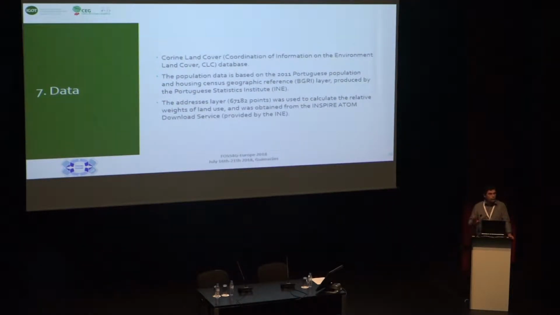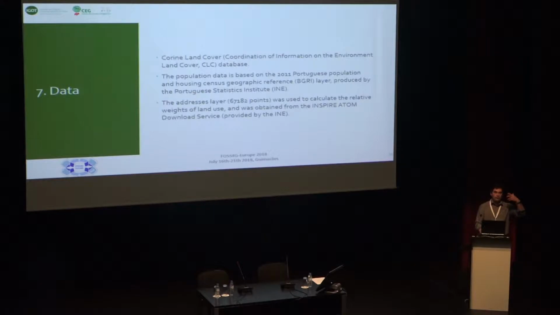About the data to perform the tests. First, we use as land use the CORINE land cover that is available for all of Europe, but you can use any other land use layer. The only point, if you intend to use the plugin, is that you need to make a new recode file, because we are recoding the CORINE land cover codes to new classes.